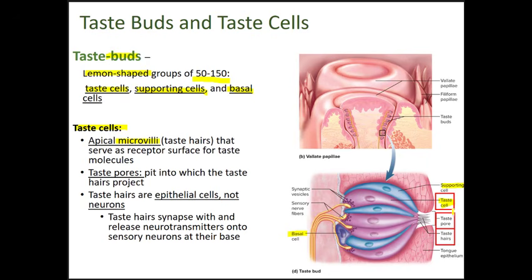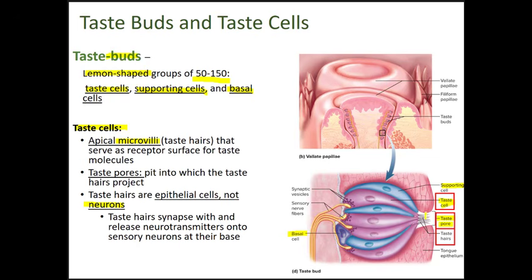So when you eat something, the molecules of what you eat, those tastants, will dissolve within this region in order for us to interpret taste. We also see a taste pore. This is this porous region here where the taste hairs do project, but this is also where food molecules will dissolve. These taste hairs are not neurons, they are actually epithelial cells.